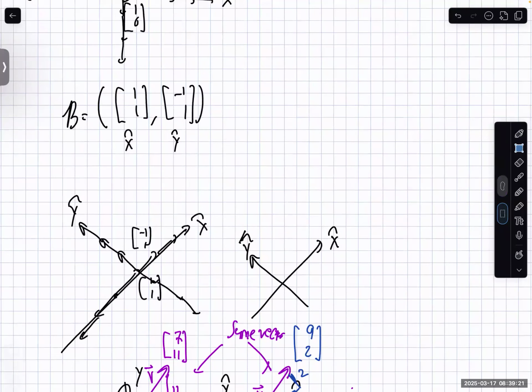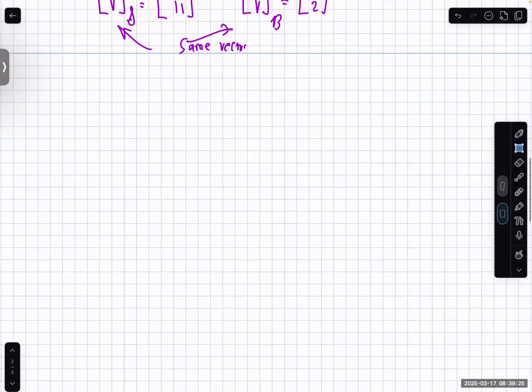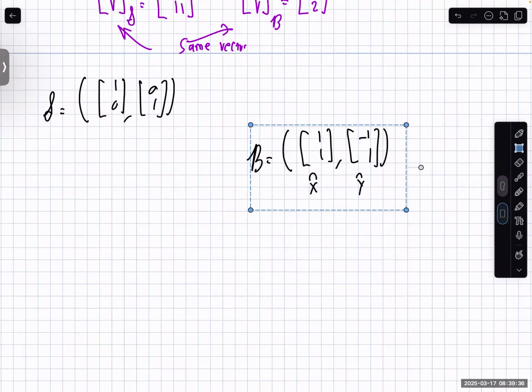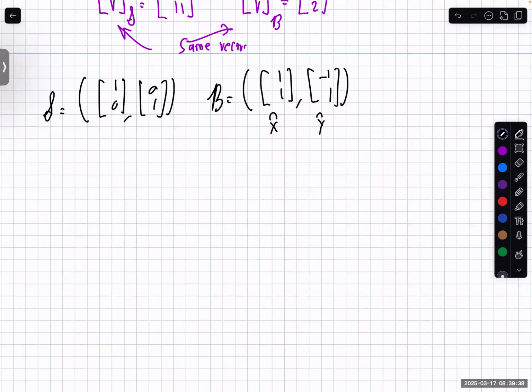And then remember our two coordinate systems here. S is 1, 0, 0, 1. That's the x-axis and the y-axis.